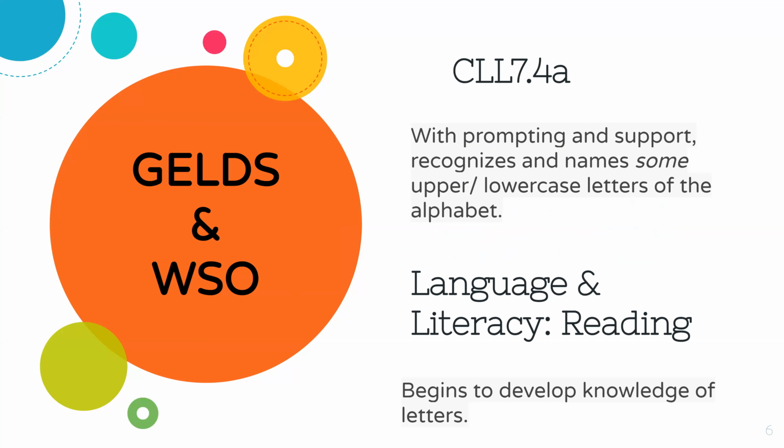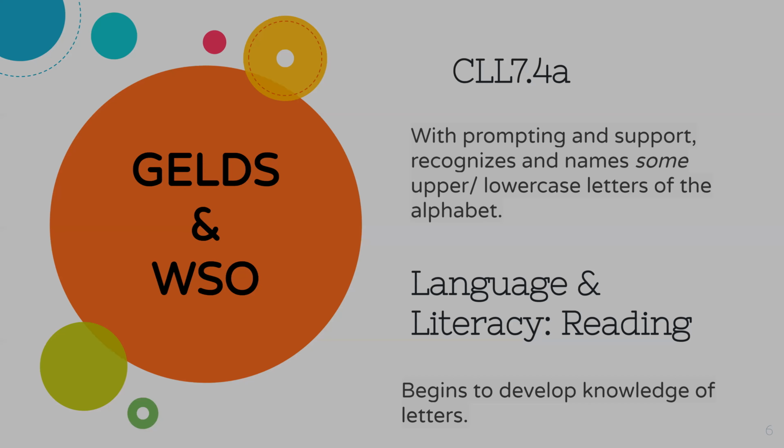The WSO indicator under the language and literacy strand says that children will begin to develop knowledge of letters. So as a Pre-K teacher, your job is to help children begin to develop knowledge of letters by recognizing and naming some of the upper and lowercase letters of the alphabet.